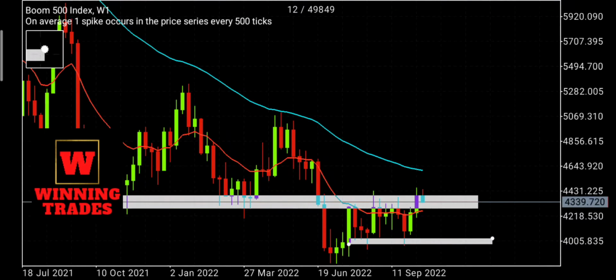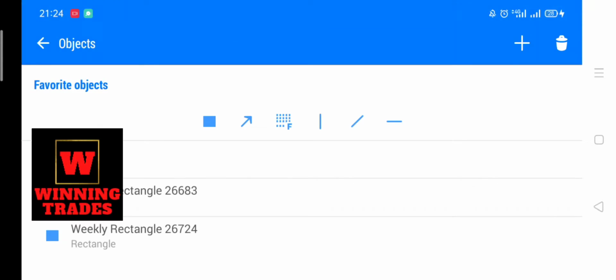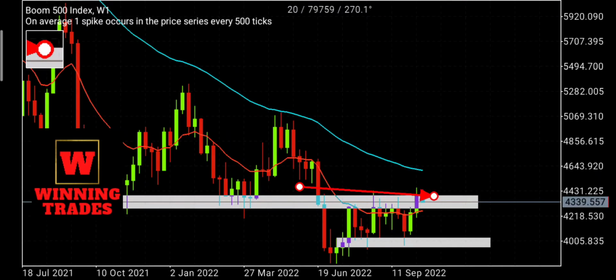There was a rejection here too, which might push price higher, or price may reject at this point, as it's rejecting here, and then take our price lower from here. So it might take it all the way back down.